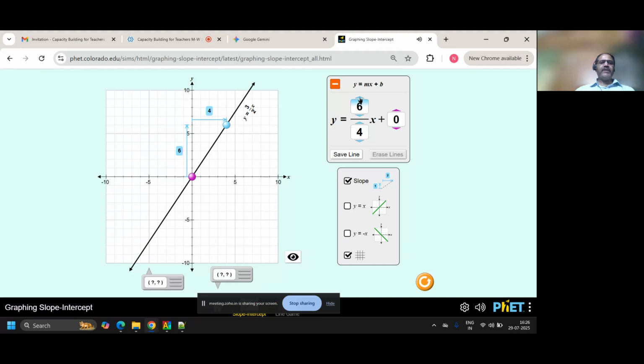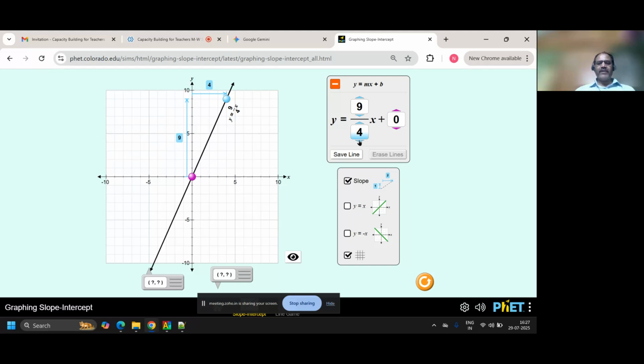If I keep increasing the numerator, like 7, 8, 9, this line comes closer to the y-axis. When the delta y keeps increasing, this line comes closer to the y-axis. It becomes more of vertical. It tilts towards the right angle.